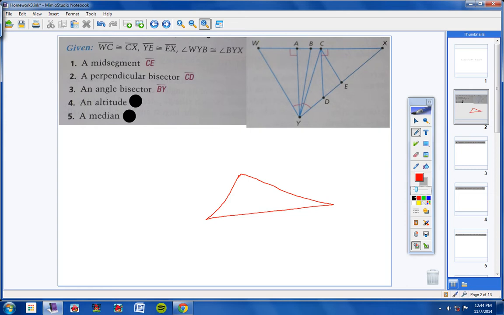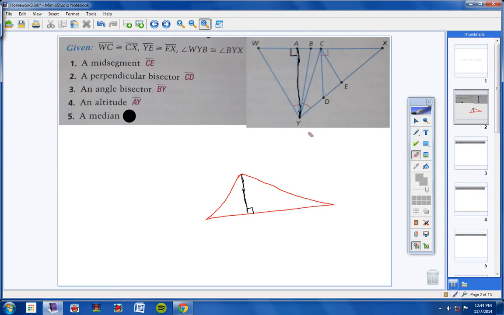The altitude of this triangle would come from this vertex and come down and hit here and form a right angle. So we're looking for a line that comes from a vertex and hits the other side in such a way that it forms a right angle. Well, I think I found it. Look at YA. YA or AY comes off of vertex Y, and it forms a right angle. So there it is. AY is an altitude.